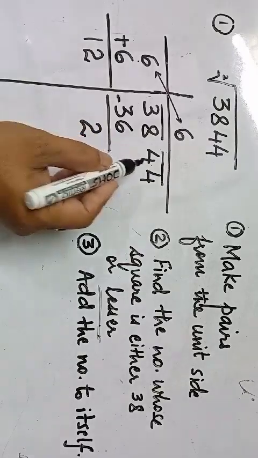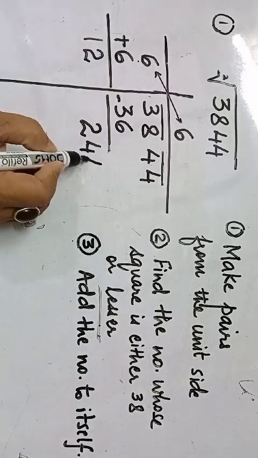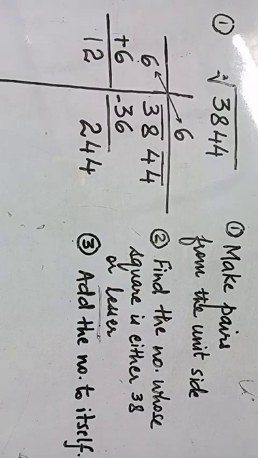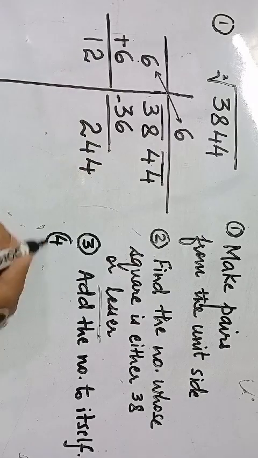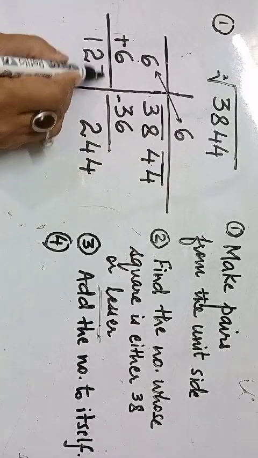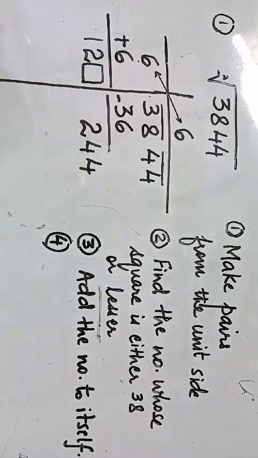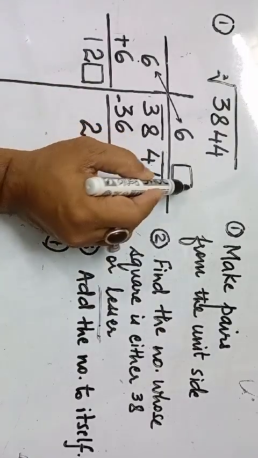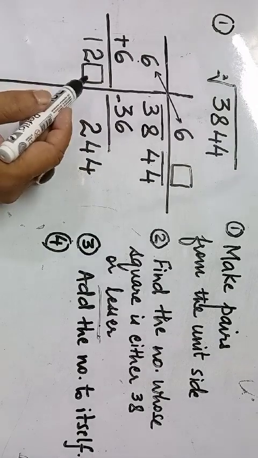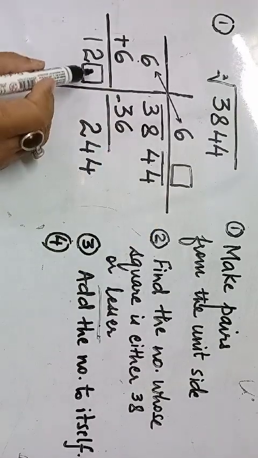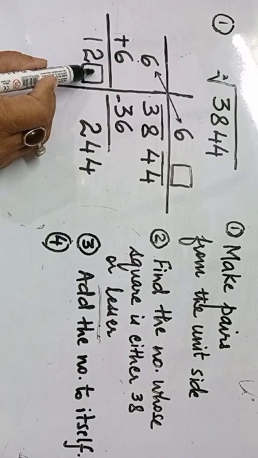The next pair, which is the last pair, will be 44. So the number becomes 244 now. Now the last step would be the fourth step. So you find a number here. Let me put a block over here and a block over here. The reason I'm putting a block in these places is because we have to look for a number.